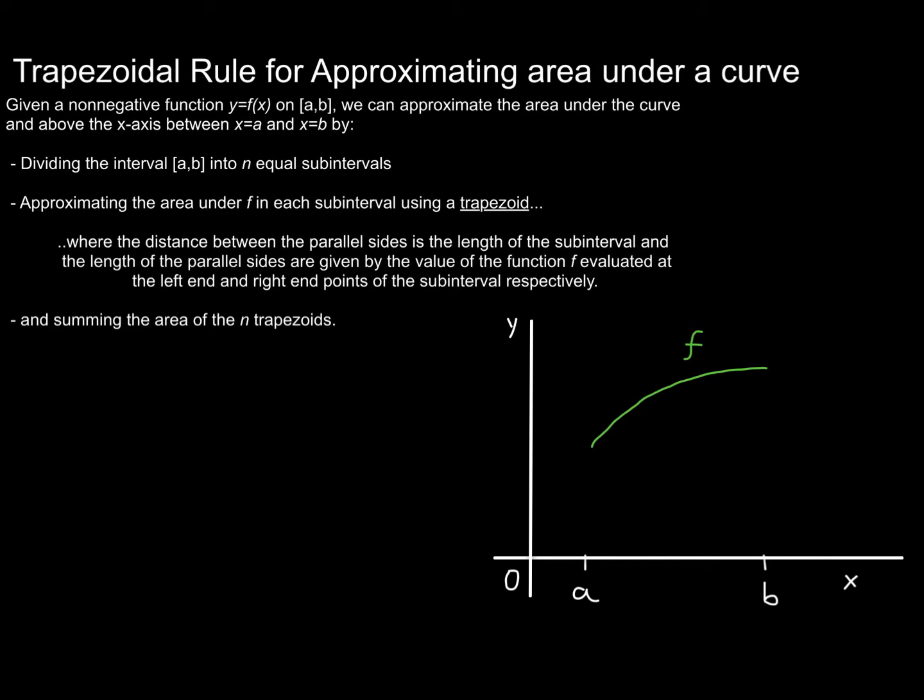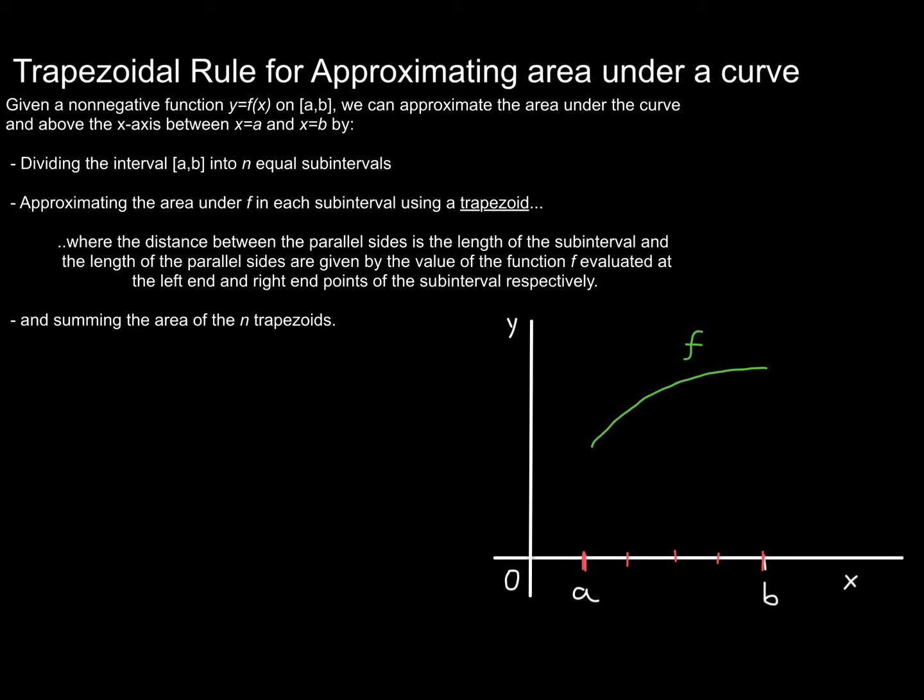and we can go ahead and apply it. I first want to split this up into n equal subintervals. Just as we did before, I'll split this up into 4 equal subintervals. So here I've split up into 4 equal subintervals, 1, 2, 3, and 4. Now in each of these subintervals, I'm going to construct a trapezoid.